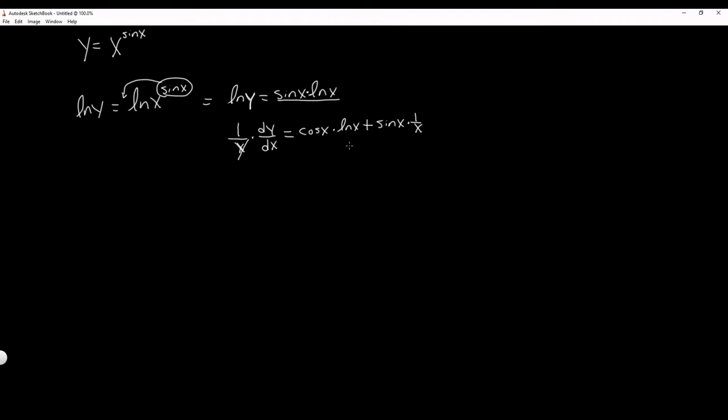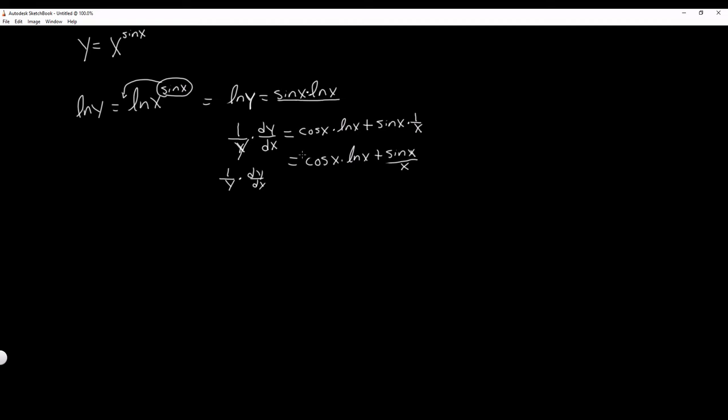And then from here, we can actually clean up the right-hand side a little bit by multiplying sine of x by 1 divided by x and get sine of x divided by x. So we can set this equal to cosine of x times the natural logarithm of x plus sine of x divided by x. Okay. And then the left-hand side is 1 over y times dy dx.